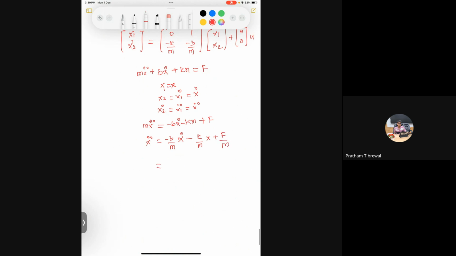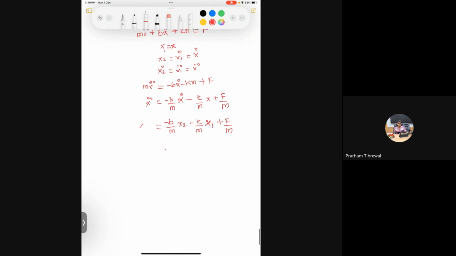X dot is x2, so minus b by m x2 minus k by m x1 plus f by m. Now the equation is x1 dot equal to x2, x2 dot equal to minus k by m x1 minus b by m x2 plus f by m.